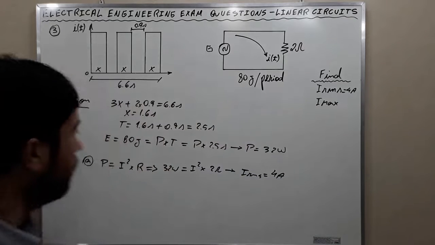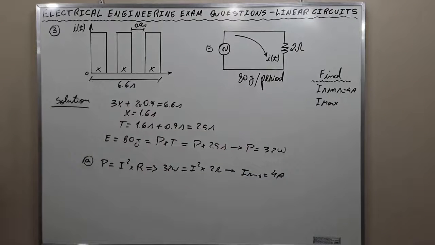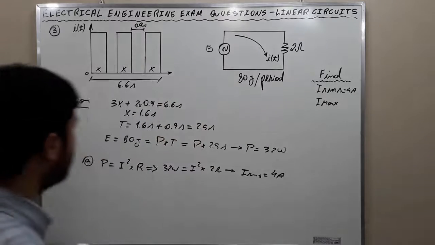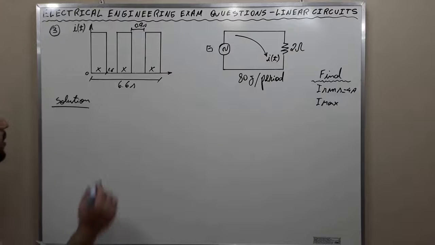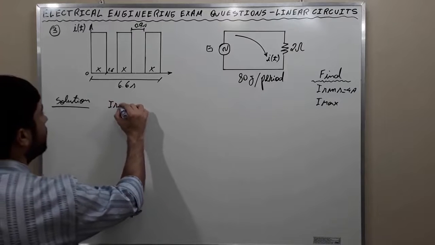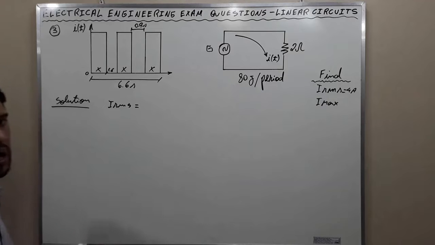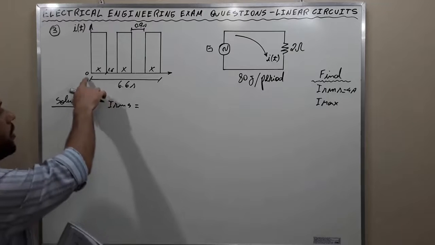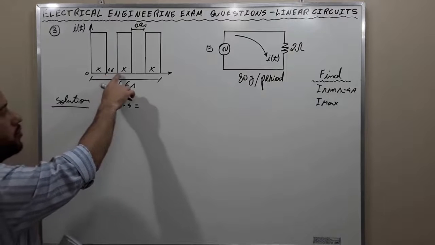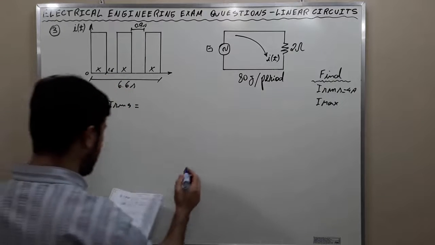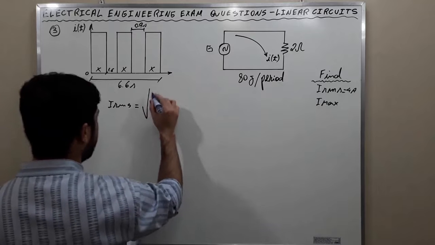Okay, so we know this. Now what we need to do is to calculate the maximum value of the current. I'm going to erase it here to get some room. To calculate the maximum value of the current, we use the RMS value of the current. The RMS value can also be calculated by integrating from 0 to 1.6 and from 1.6 to 2.5.